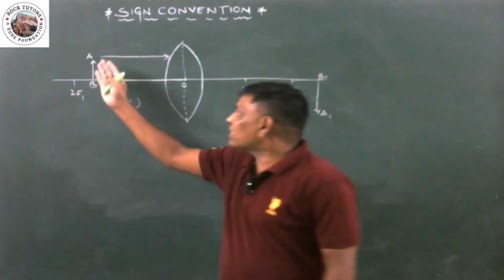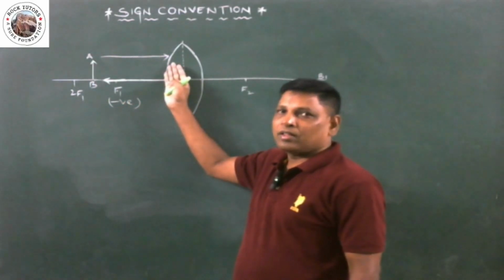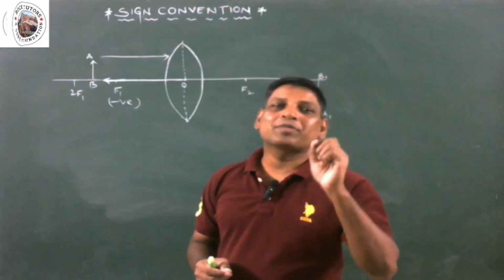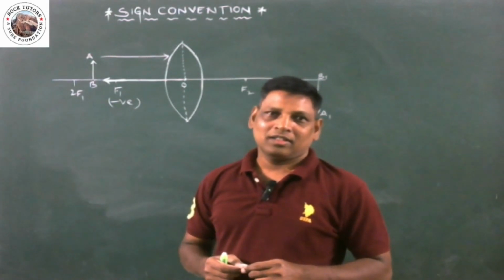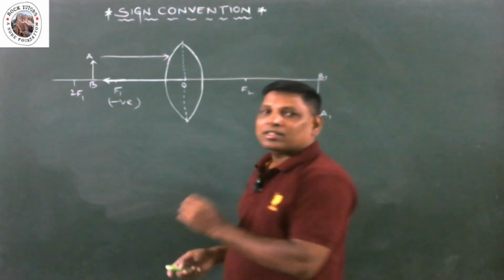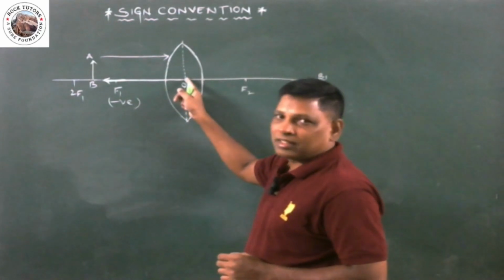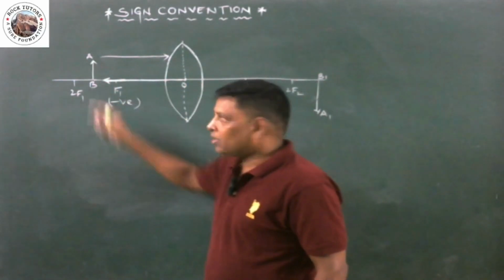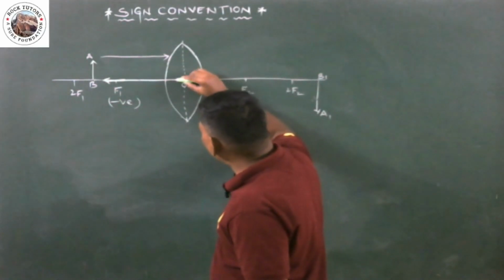This is the incident ray. Now if I want to measure the object distance, I will start from the optical center to B. Now I am moving from O to B.